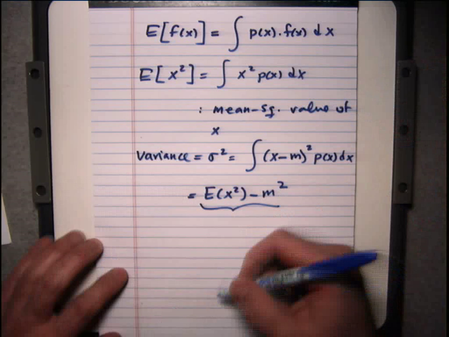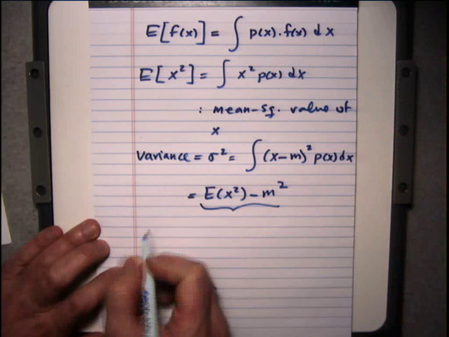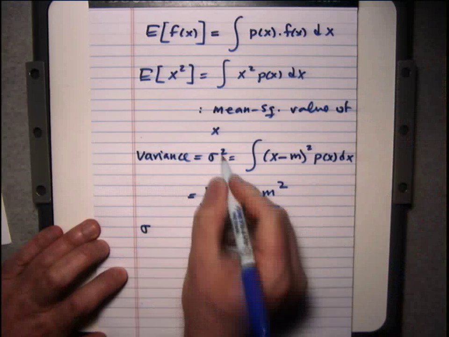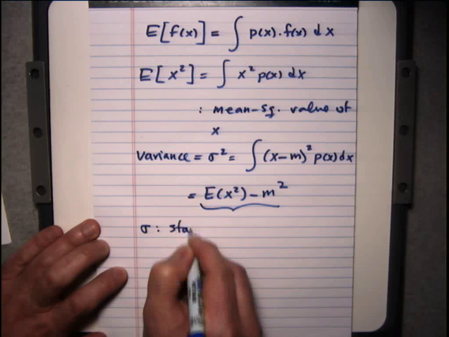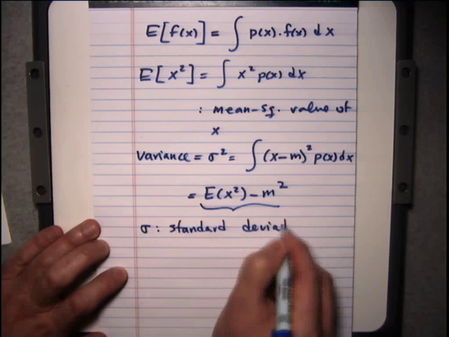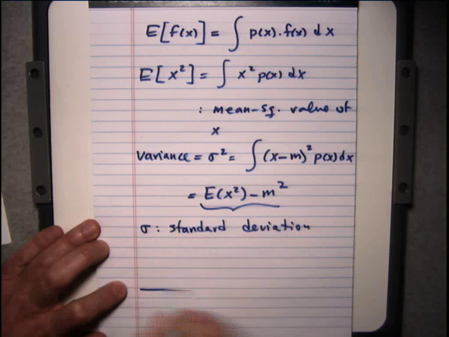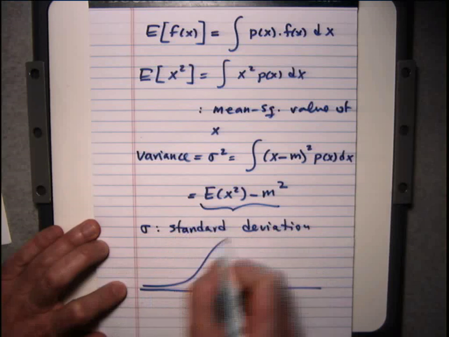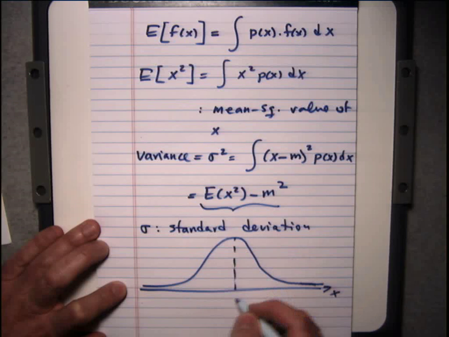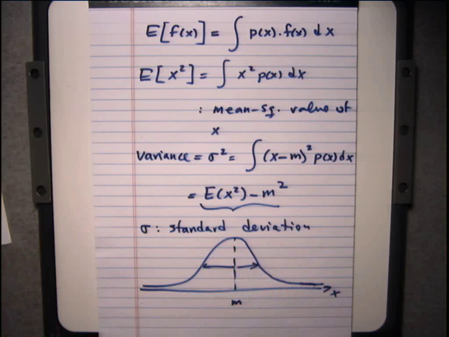Okay? And just as a reminder, sigma without the square is also referred to as the standard deviation. Why is it called the standard deviation? Because if we have a random variable which has a PDF that's like this, kind of symmetric, so this is x, and let's say this is the mean, m, the standard deviation gives you an idea of how wide this bump is. Okay?